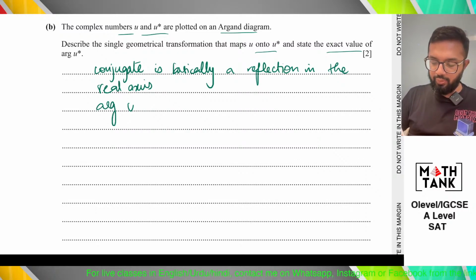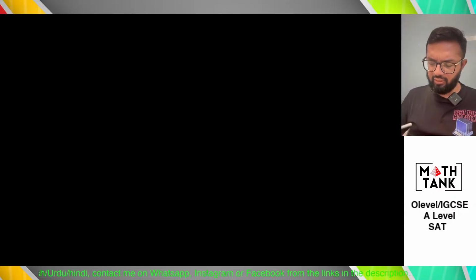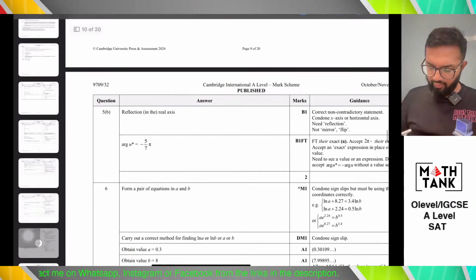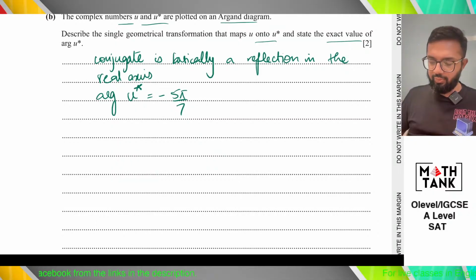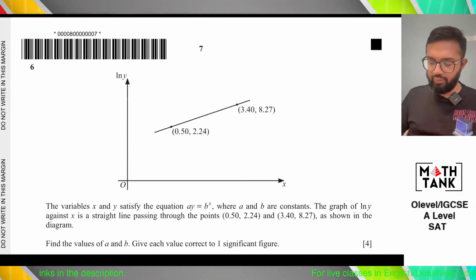The argument of u star, if I remember this correctly, is minus 5 pi over 7, I think. Yeah, okay. So that's the relationship between the complex numbers.